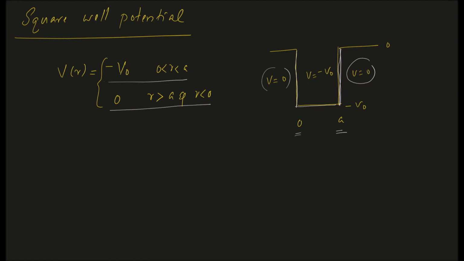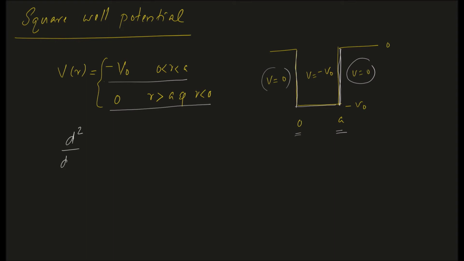For this example also we consider the partial wave analysis, because the Born approximation cannot be used for sufficiently large potentials like this one. So we consider the S wave scattering here. That means we assume that the energy of the particle is low, such that ka is less than 1. Similar to the previous problem, for L equals 0 we can write the radial part of the Schrodinger equation.